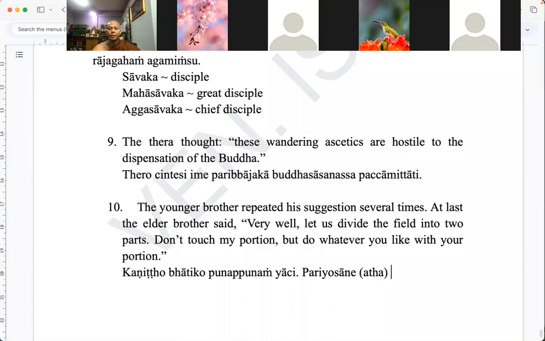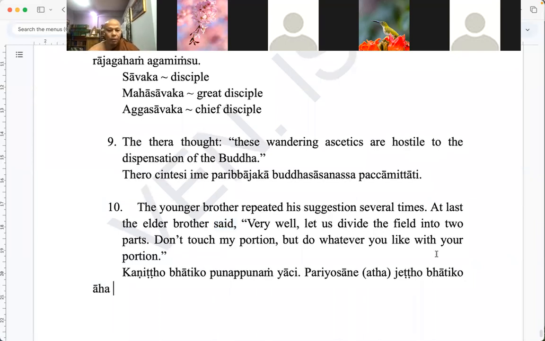Ata, the elder brother. Elder brother is Jit Tall, and Badi Go. So Jit Tall, Badi Go, said. Said means Bia we di, or Bia, past tense.